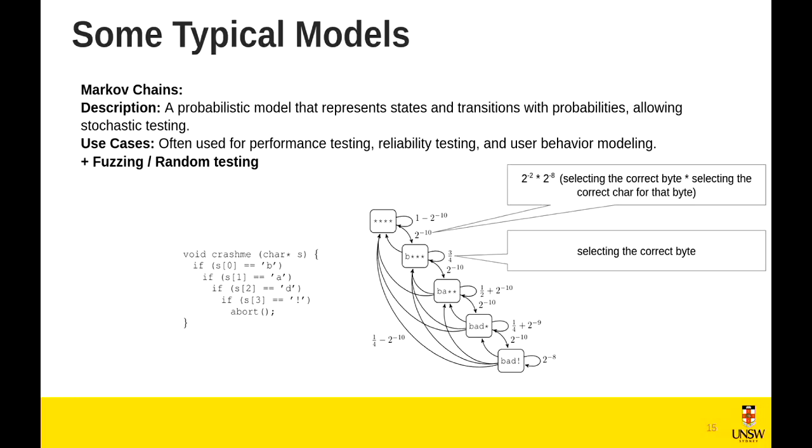But this is not very accurate. We need to subtract the chance that we make A correct in this edge here. So this is not very accurate, but you roughly get this idea.